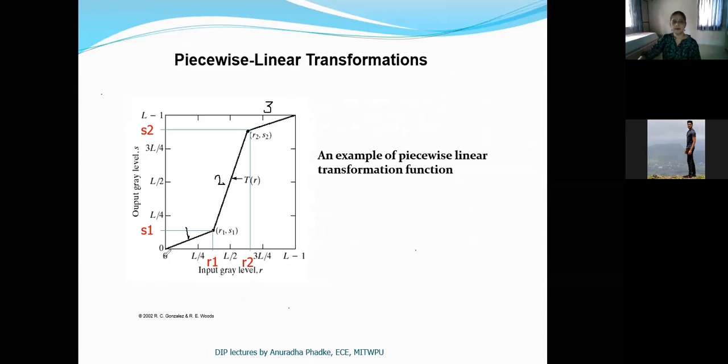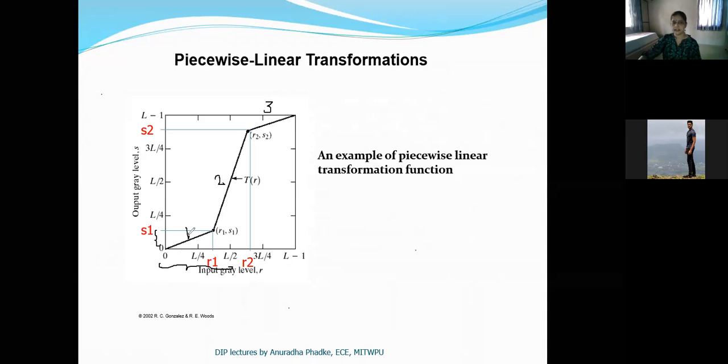If you look at this lower portion, 0 to R1 is mapped to 0 to S1, right? So 0 to R1 is much greater than 0 to S1.